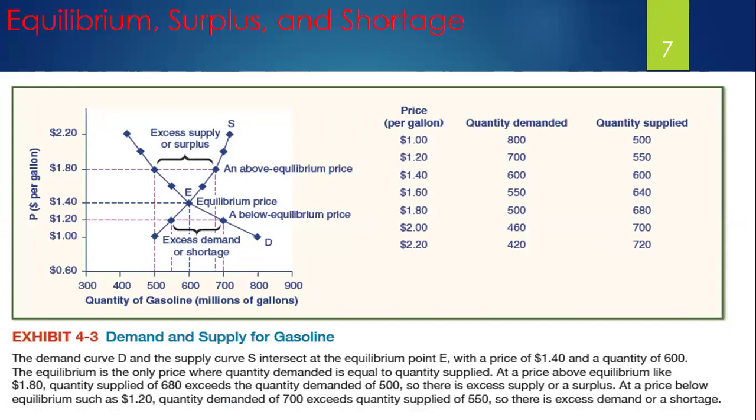And we got to know the surplus and why it happens, and also the shortage and why it happens. Both of them will push the price up or down back to the equilibrium price.